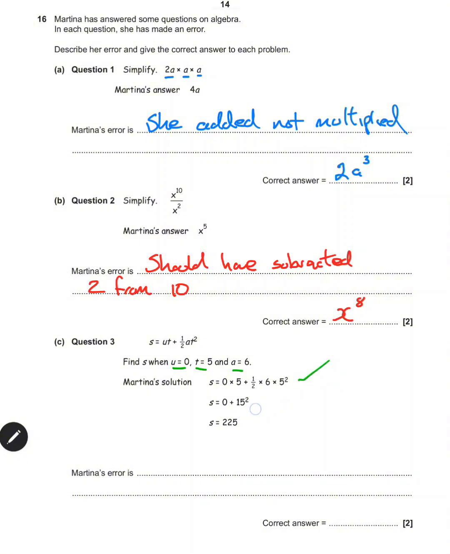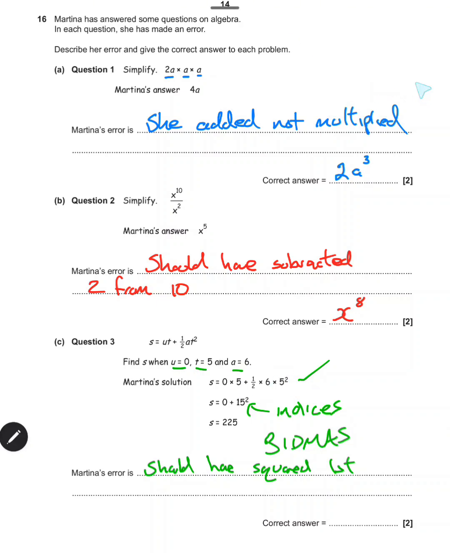If you look here, she's got some squaring to do last. And squaring is indices. And if I write BIDMAS down, this is telling me that indices, the squaring, should always be done first, certainly before multiplying or adding. Okay, so the error there is she should have squared first and then work out the rest.